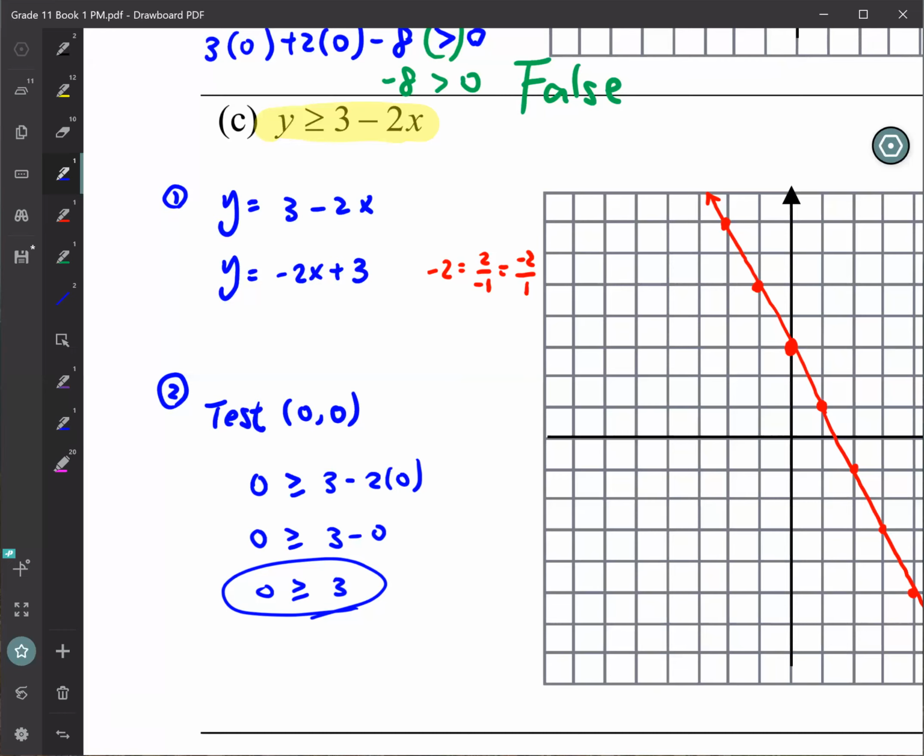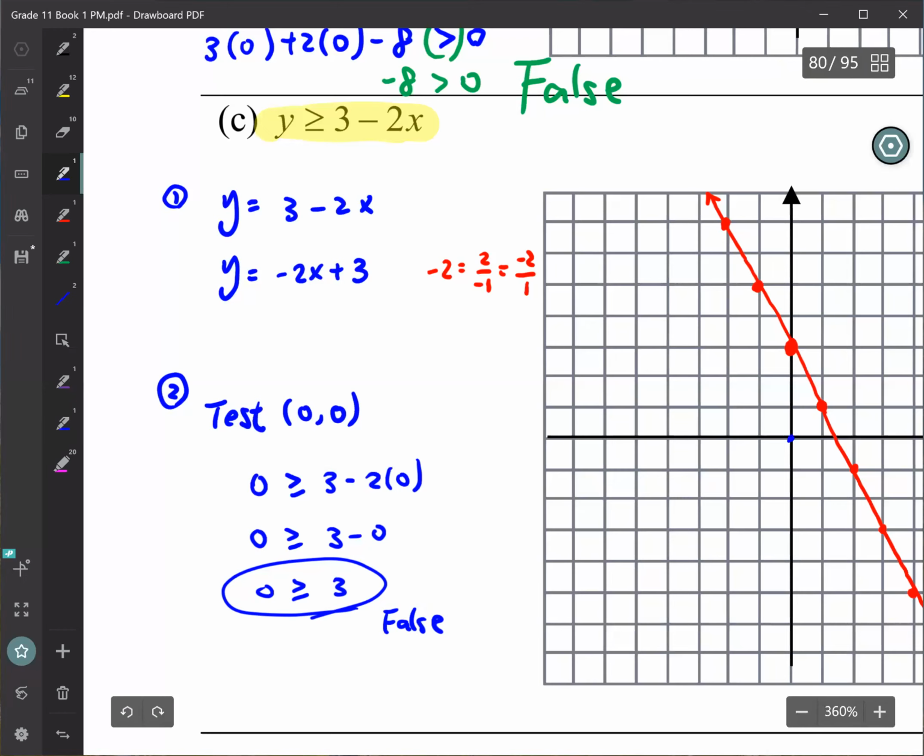Why? Because 0 is not greater than or equal to 3. 0 is smaller than 3, right? Yeah. Okay, so get your mind focused, right? So this is just testing, check your logic. 0 and 3, you compare which one is bigger, that's all. Okay, so true or false again? It's false.